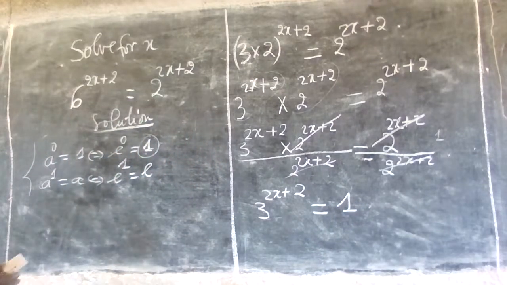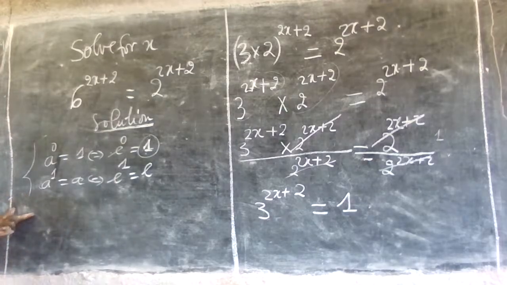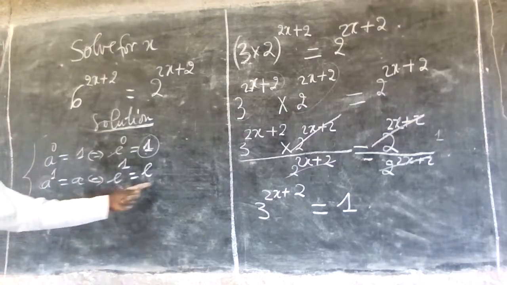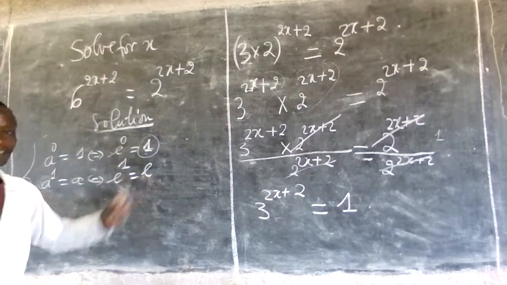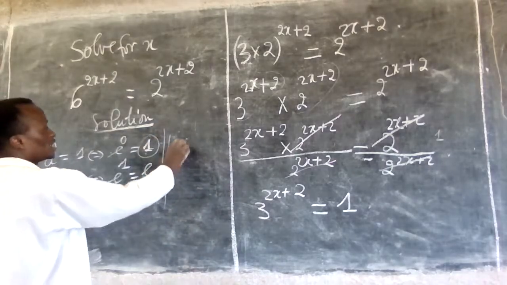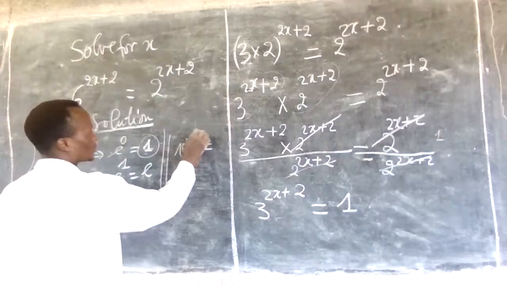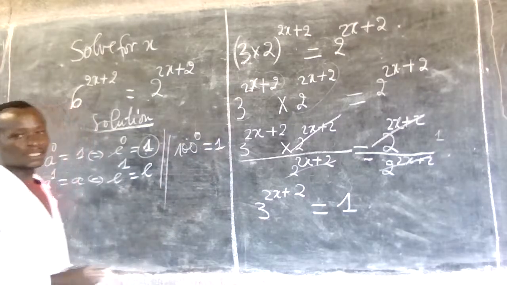Now, you have to see this one clearly. Let me give you some minutes for seeing this clearly. This is the first property, the second one. Any number, even if it is this number, power 0 is equal to 1. Yes, any number.